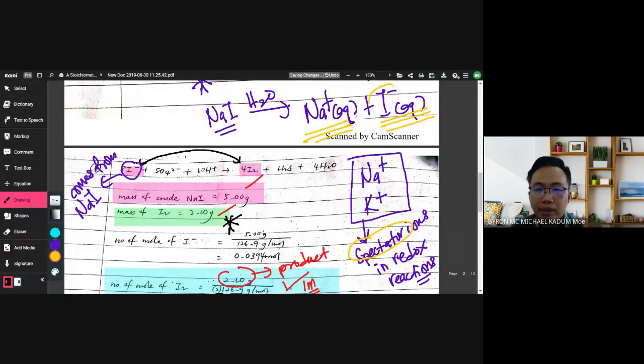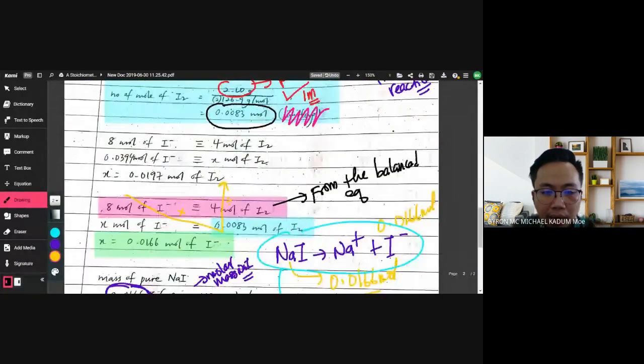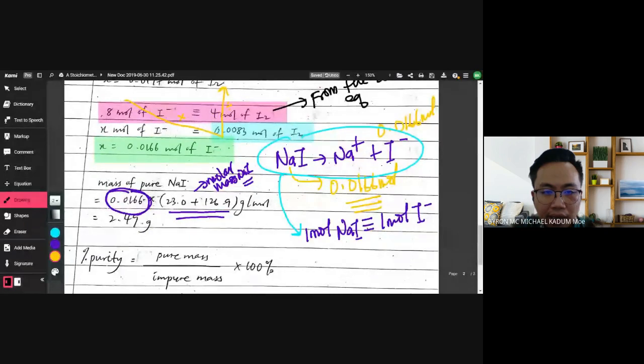Jadi kalau kita dapat tahu information mengenai I minus ni, automatically kita akan dapat tahu information mengenai NaI ni. Terutamanya mengenai bilangan mol. Berapa bilangan mol yang terlibat. So dalam sini kita ada 0.0166 mol of I minus.